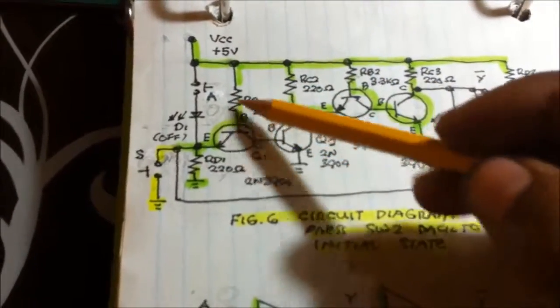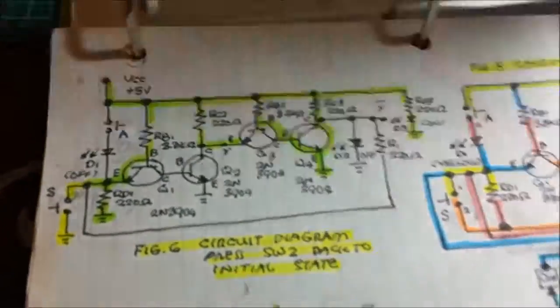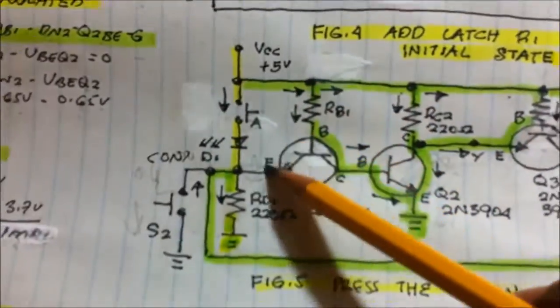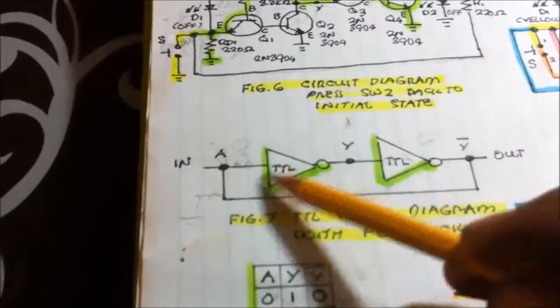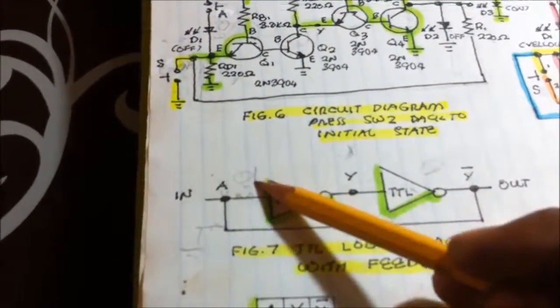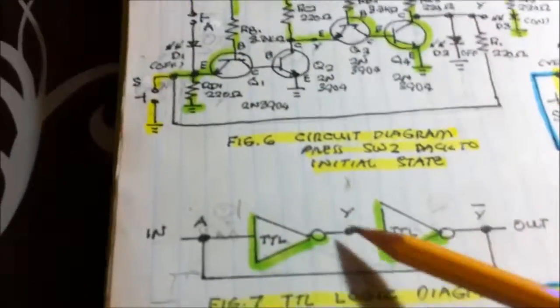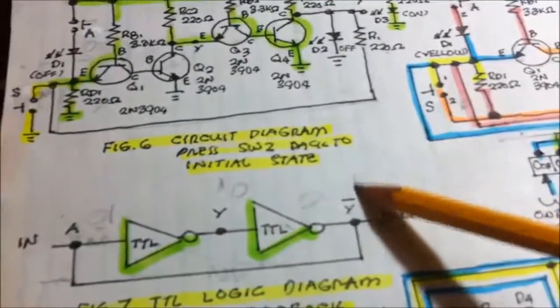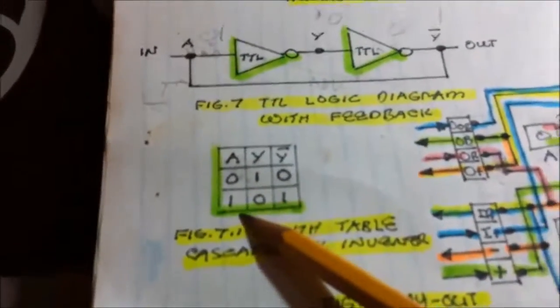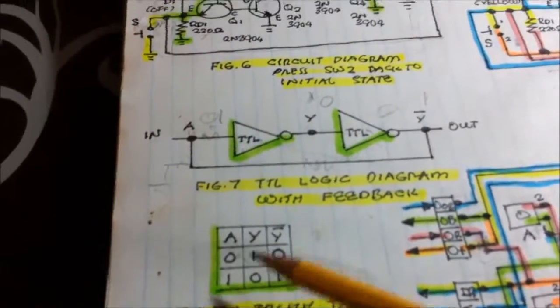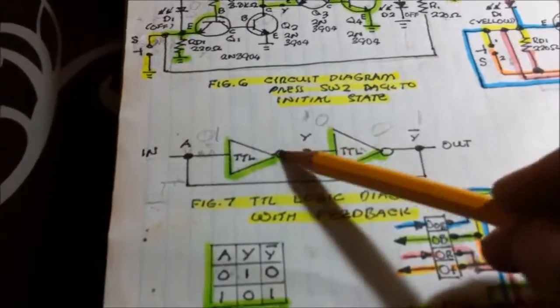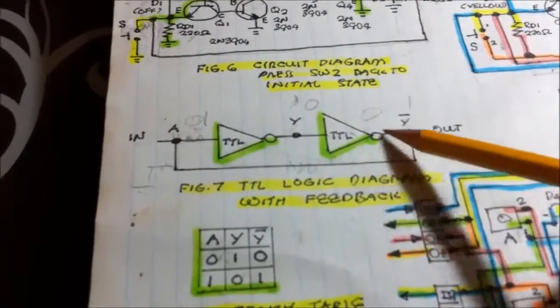When I press the button, it becomes 1 here, becomes 0 here, 1. So you have seen here, when I have an input of 1, it inverts, becomes 0, and then 1.